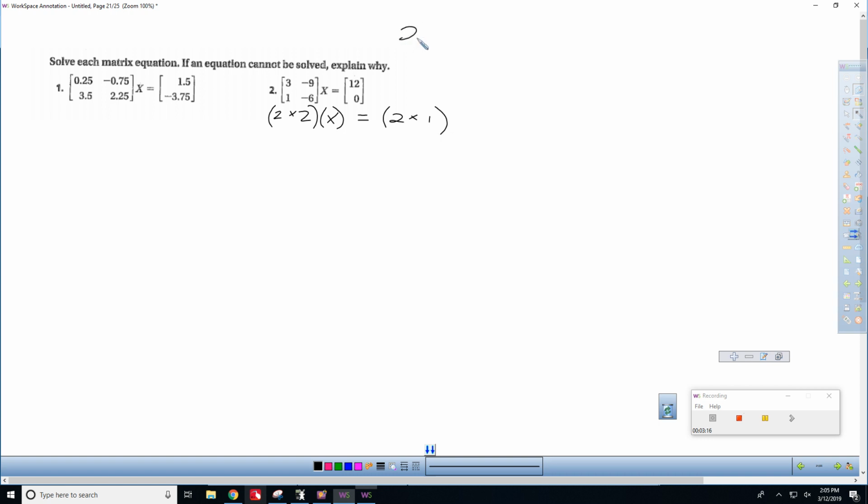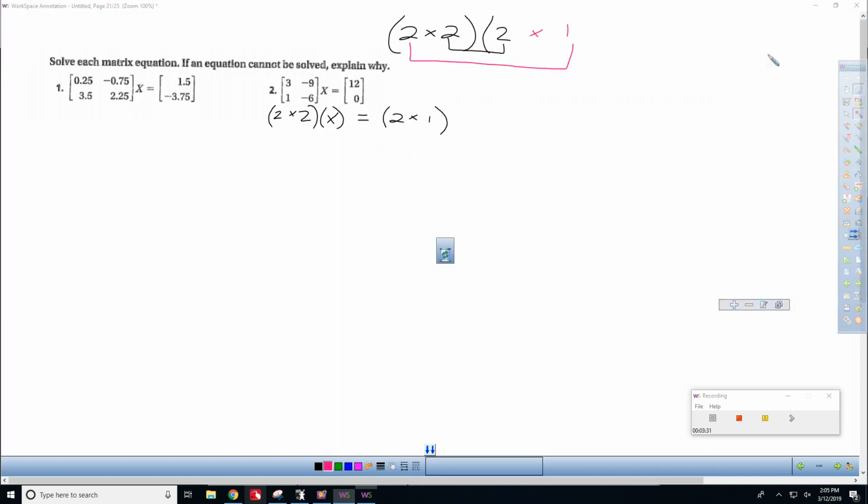Well, if you remember, in order to multiply a 2x2 by another matrix, the inside numbers had to match up. And the outside numbers give you the size of the answer. So that means we are multiplying it by some 2x1 matrix. Something that looks like that.